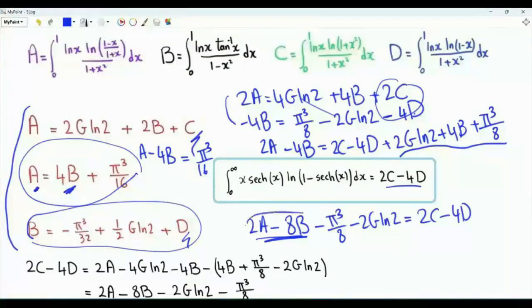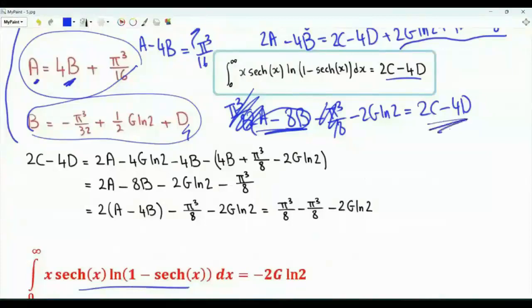Here we have 2a minus 8b. This is 2 times pi cubed over 16. That's pi cubed over 8. And this goes away with that. We are done. Our integral of interest, which is 2c minus 4d, is minus 2 times the natural logarithm of 2 times Catalan's constant g.